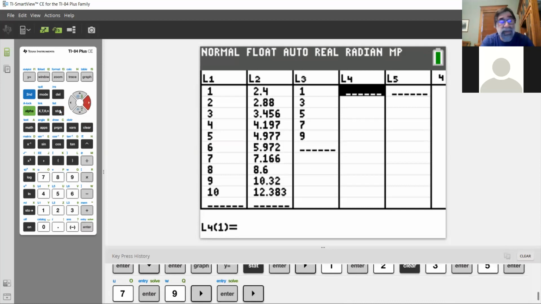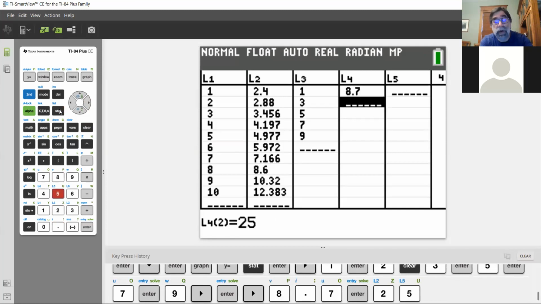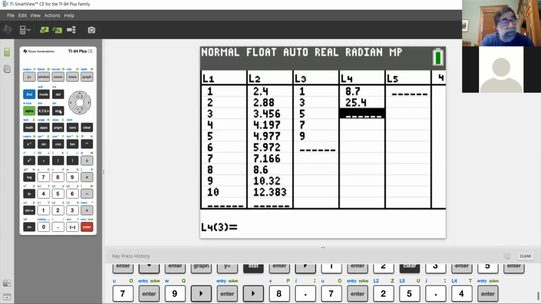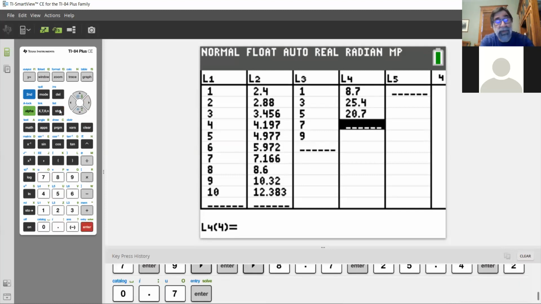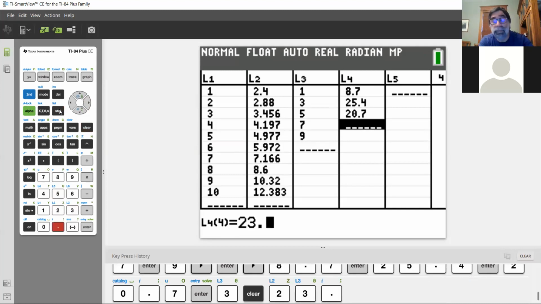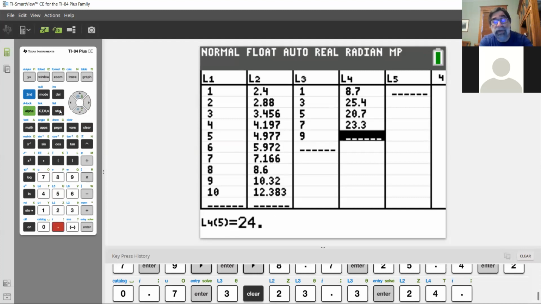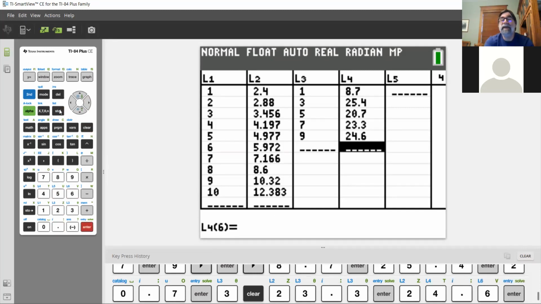And then my outputs are going to be 8.7, 15.4, 20.7, 23.3, and then 24.6.